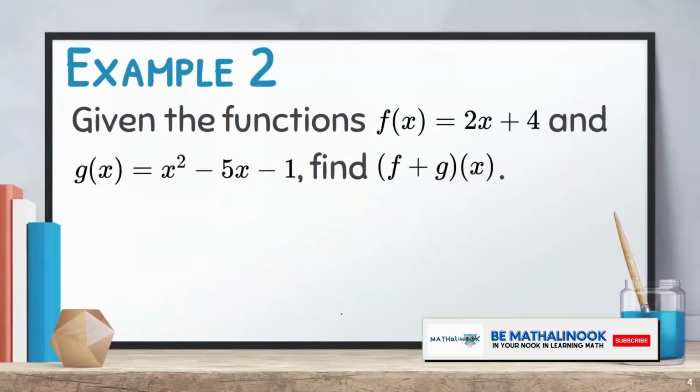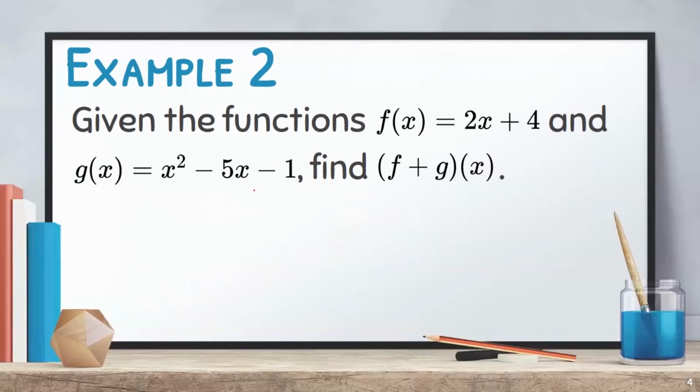Let us have another example. Given the functions f of x equals 2x plus 4 and g of x equals x squared minus 5x minus 1, find f plus g of x.